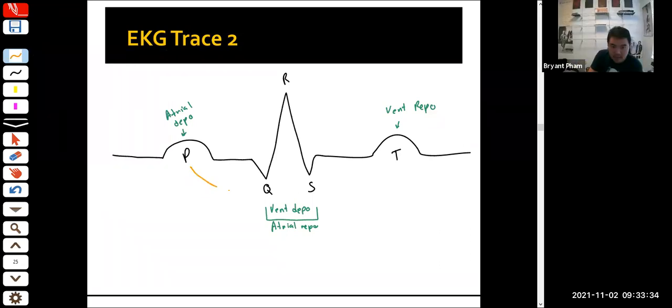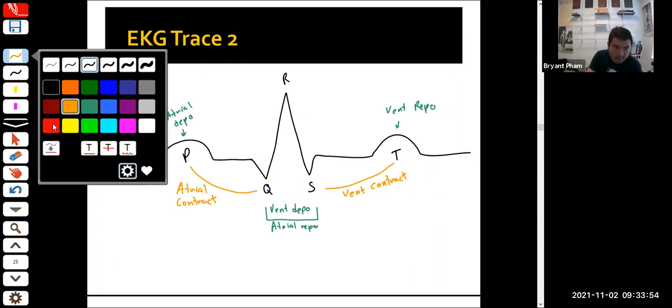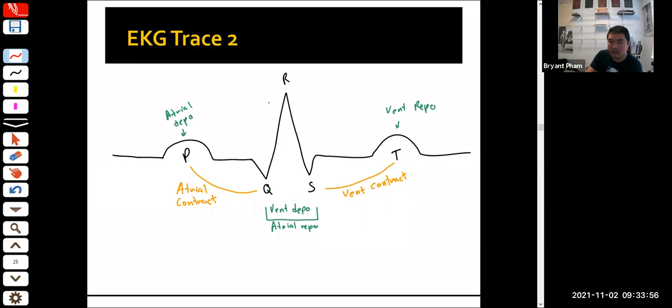So between P and Q, between depot and repo, we know we see atrial contraction. Between S and T, therefore, we would see vent contraction. That's S1.